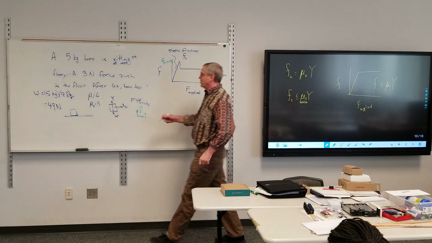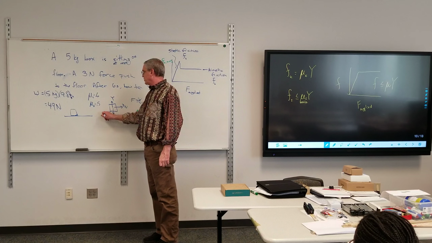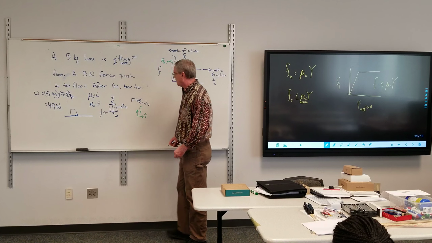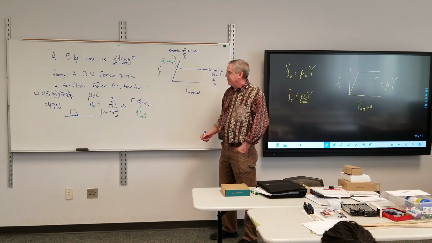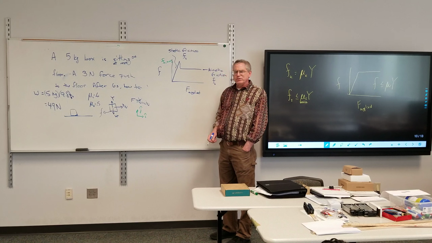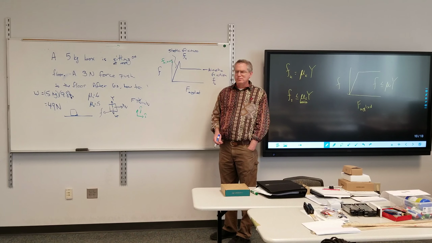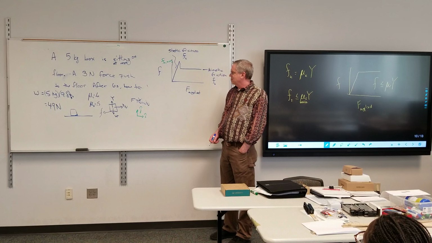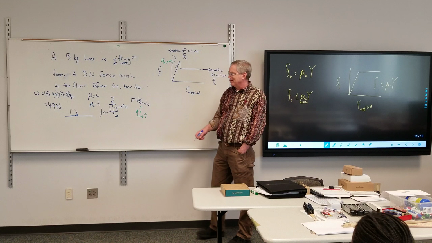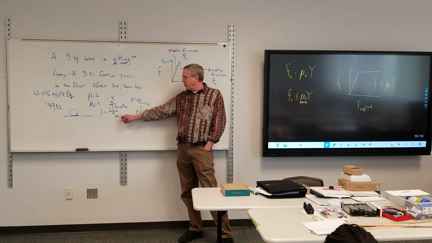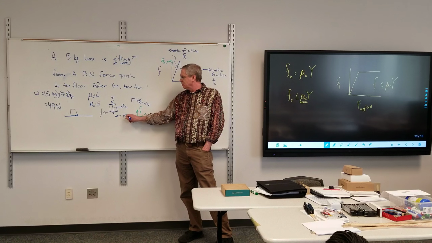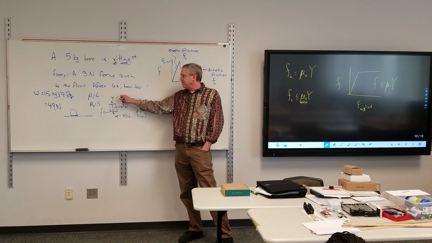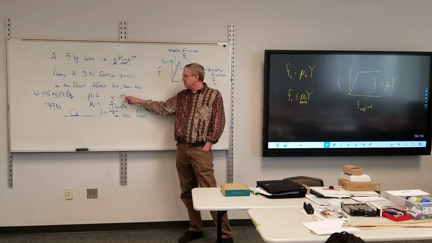All right, so we have friction involved now, so let's throw the friction into it. First off, is it going to move? Well, probably not, actually. So my weight we established was 49 newtons. The normal force has to be 49 newtons to balance it out.